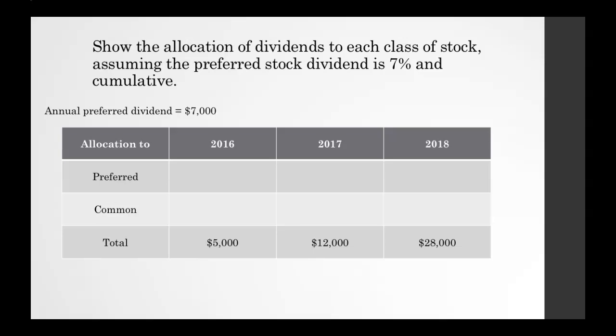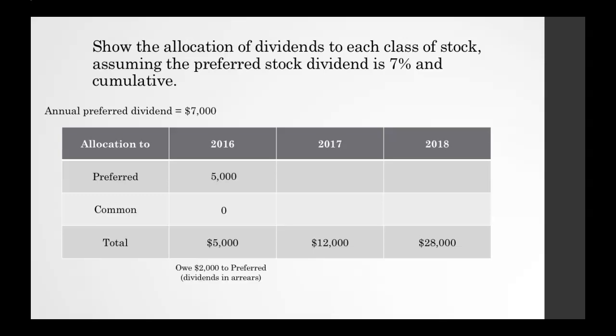So what's happening here is the first $7,000 every year will go to preferred. If we can't reach that, then we'll deal with it in later years. So preferred will get all $5,000 and common will get nothing. Common will receive a dividend once preferred shareholders are paid out the full amount that they're supposed to get.